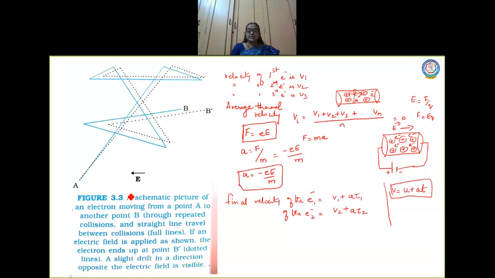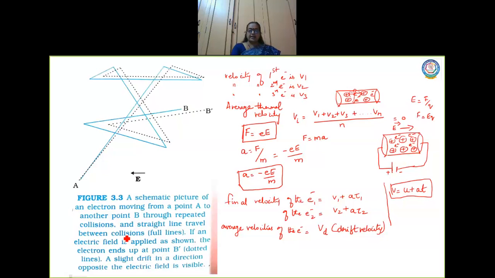So what will be the average velocities? Now I calculate the average velocity of the electrons, which is nothing but what you call the drift velocity. As soon as I give an electric field, the electrons will get accelerated and they all start drifting towards the positive terminal. Yes or no, children? So they all start moving towards the positive terminal.